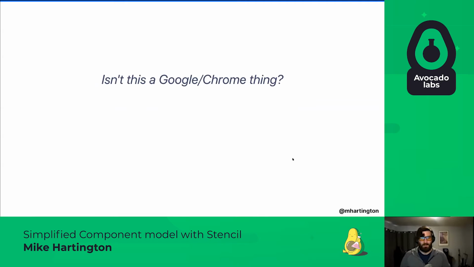So if you thought about this before, is this a Google or Chrome only thing? Absolutely not. This is a cross-browser effort. Chrome engineers did lead the way, but we had support from our friends over at Microsoft and Mozilla. And I feel like this is a rare moment where we get to call out Apple as coming in and saying, this is great, let's push it even further and do something better.